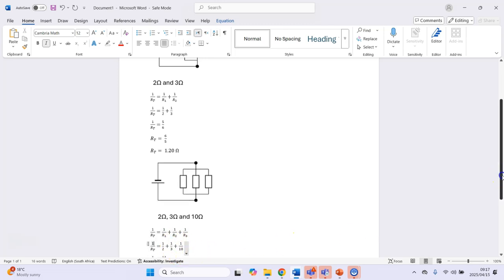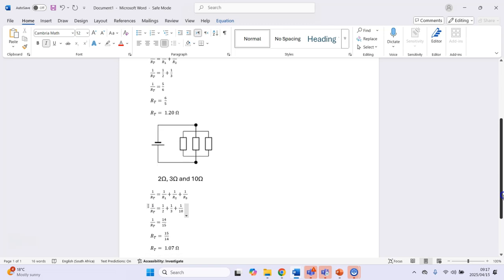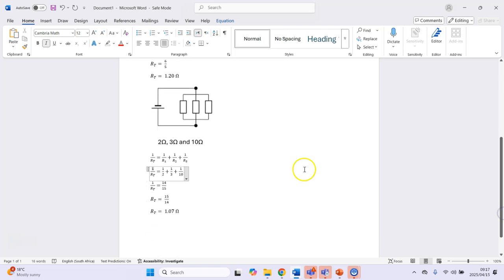And you're simply going to plug that into your calculator and you are going to get a fraction of 14 over 15. But remember that that 14 over 15 is 1 over RT. So you need to flip the 1 over RT to get RT over 1. So you also need to flip the 14 over 15 to get 15 over 14. And now you can divide the two to get a number to 2 decimal places.